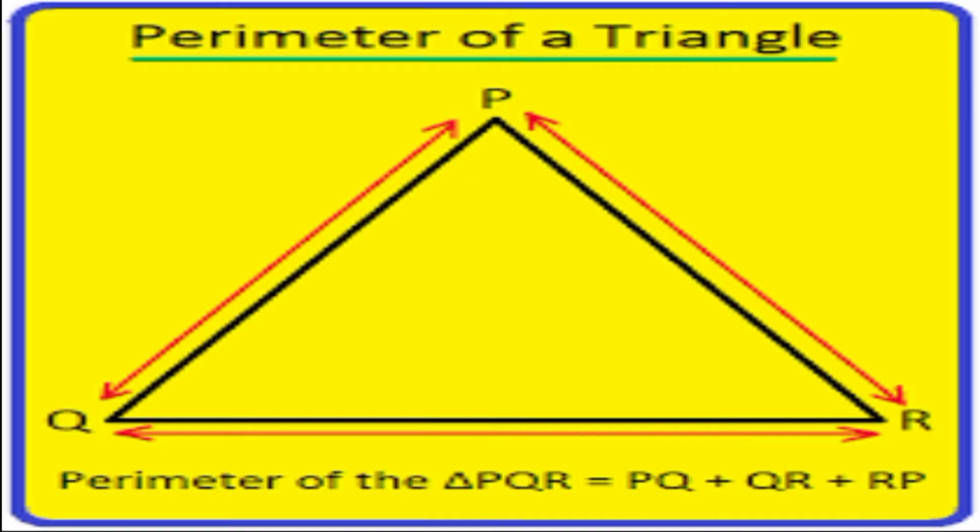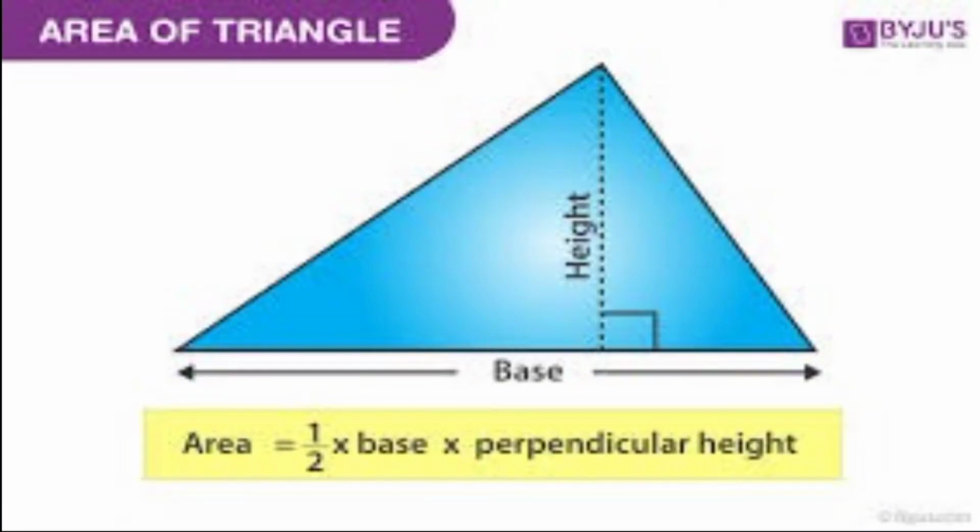Now let's move to perimeter of triangle. That's very simple. You can simply sum up all these sides. So here in triangle PQR, perimeter is equal to PQ plus QR plus RP. It was very easy. Now let's move to the next one, that is how to find area of triangle.